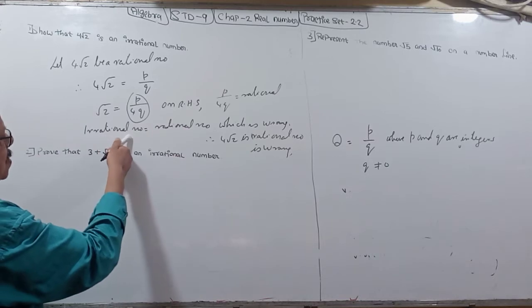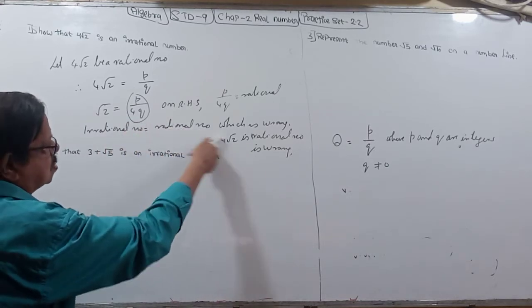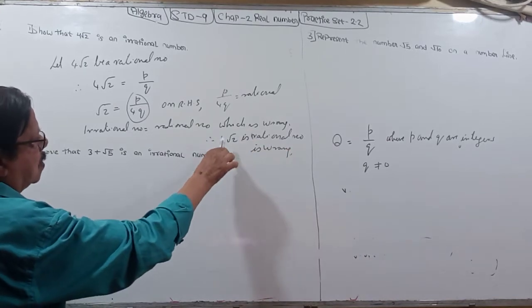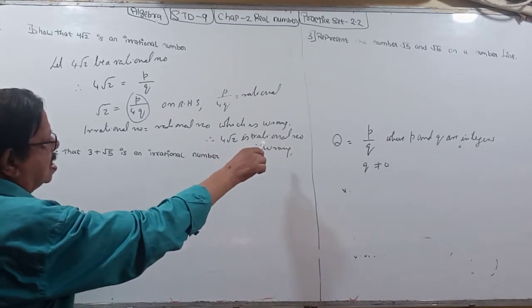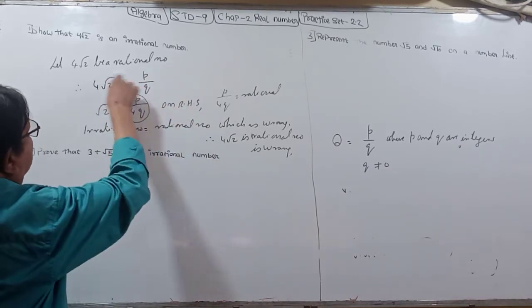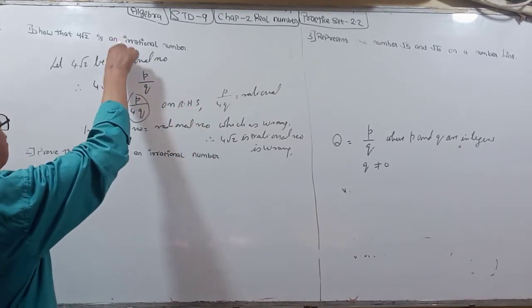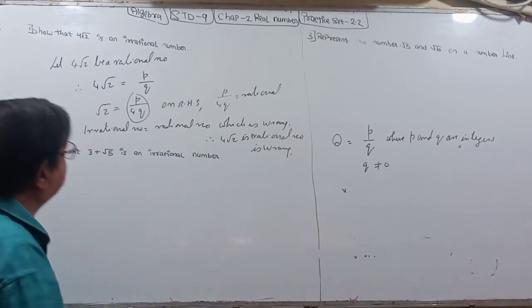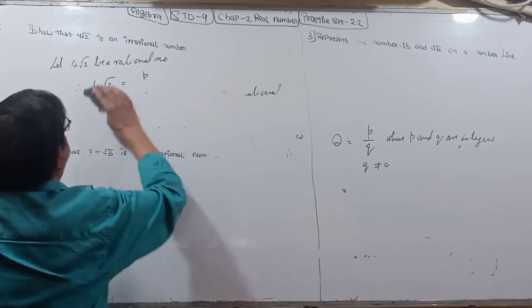Therefore, an irrational number equals a rational number, which is wrong. So our assumption that 4 root 2 is a rational number is wrong. It is not a rational number, therefore it is an irrational number. The first one is over. This is an indirect proof.